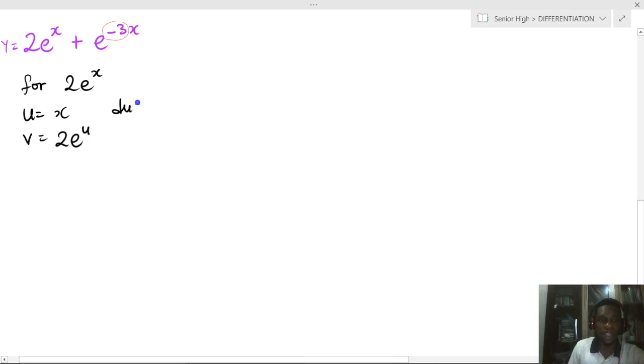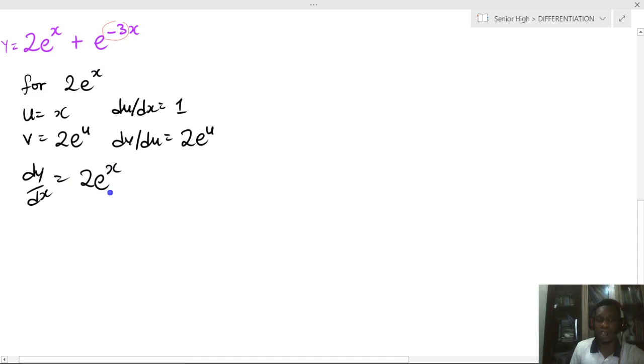Therefore our du/dx will be equal to 1, and our dv/du will be equal to, when you differentiate this one, 2 exponential u still, right? Therefore our dy/dx is multiplying this and this, and you have 2 exponential u. But what's our u? Our u is x. So 2 exponential x. That's how we got 2 exponential x when we are to find the dy/dx.